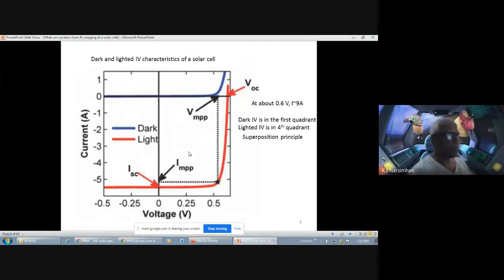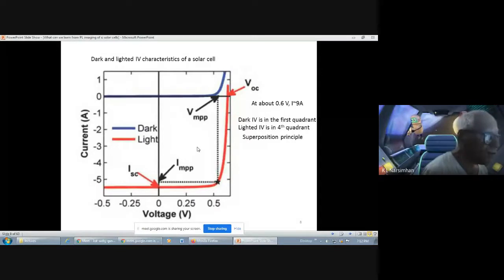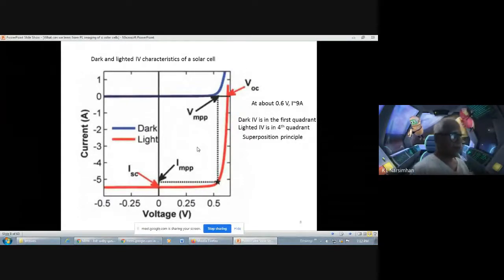And this is very important because the IV product in the first quadrant is positive, and that means IV is power, and that's dissipative. In the 4th quadrant, the product of IV is negative, and that means I have a power source. So it's very important. So the solar cell works because under illumination, the IV is in the 4th quadrant.